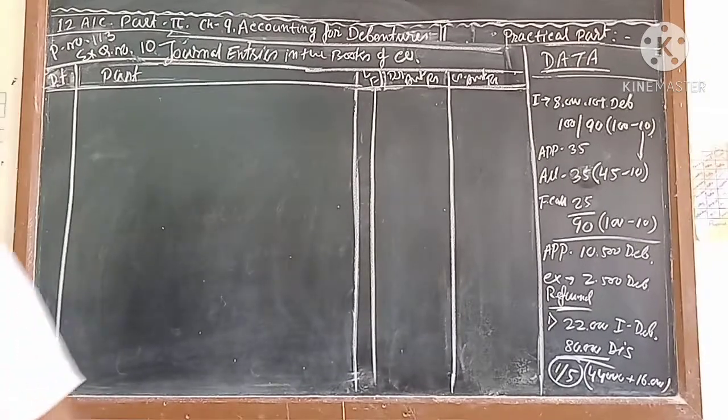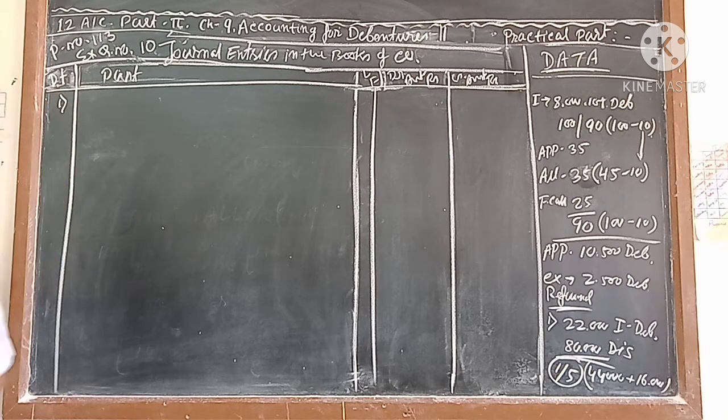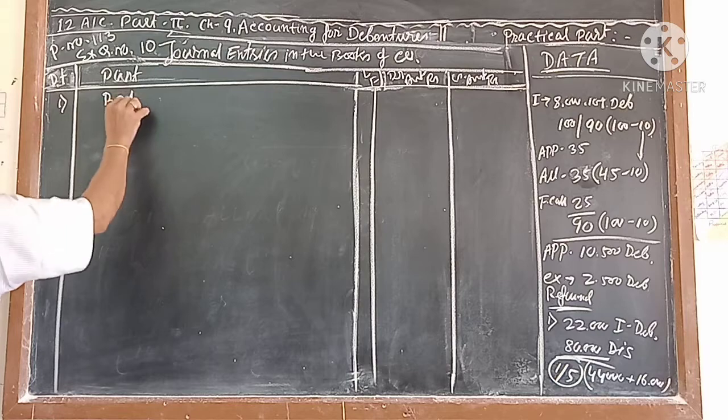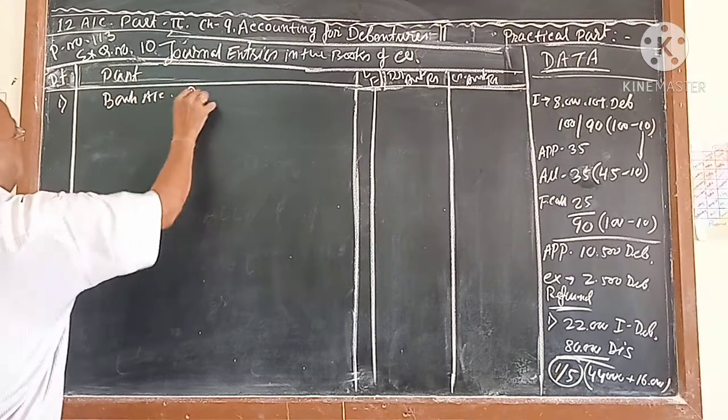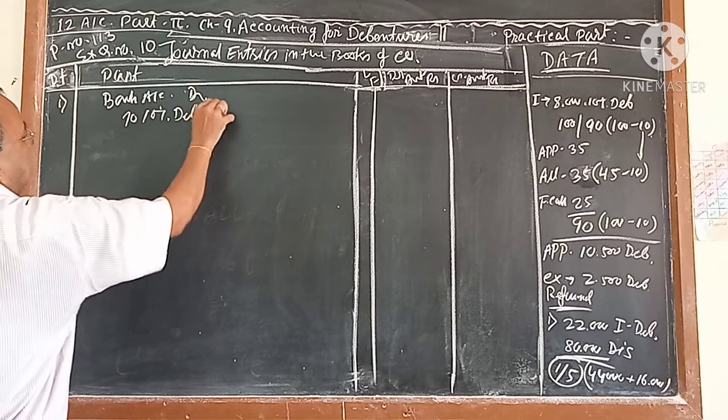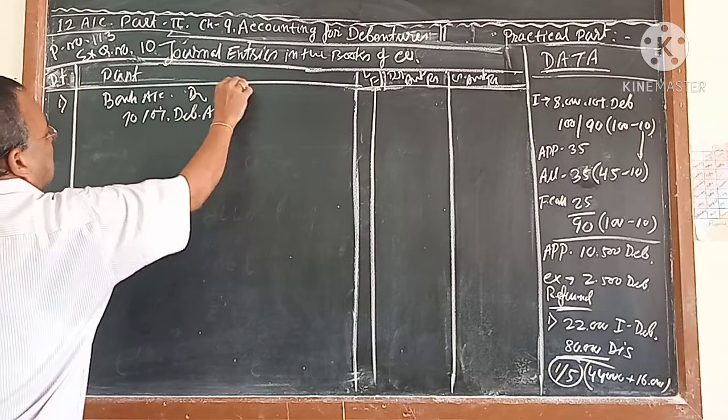So let me do the first one, bank account debit. Bank account debit to 10% debenture applications. How much?